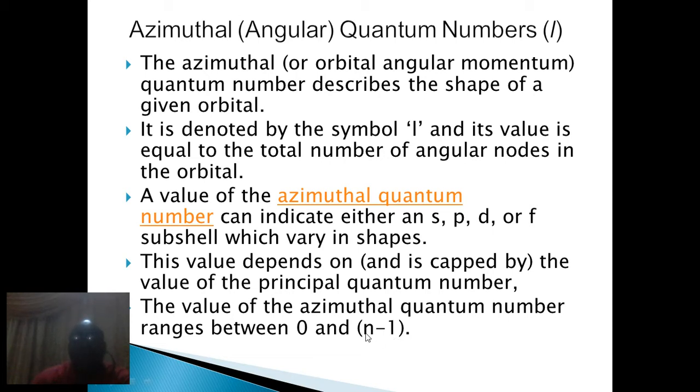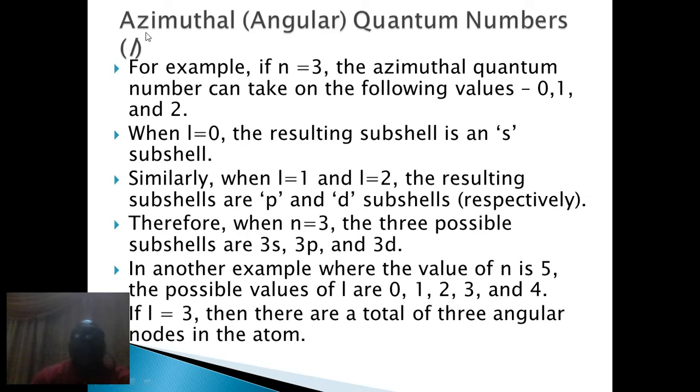Okay, that means if n is 1, l will be 0. If n is 2, l will be 0 and 1, and so on up to n minus 1. For example, if n is 3, the azimuthal quantum number can take on the values 0, 1, and 2. When l is 0, the resulting subshell is an s orbital.